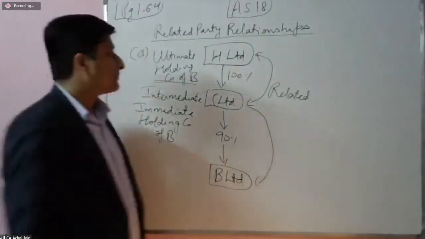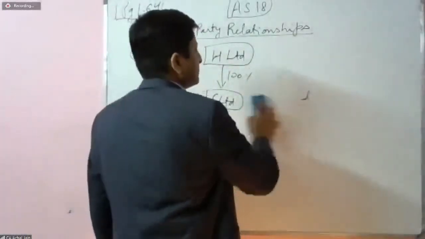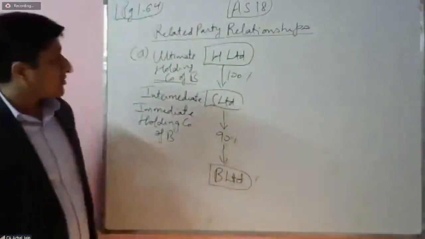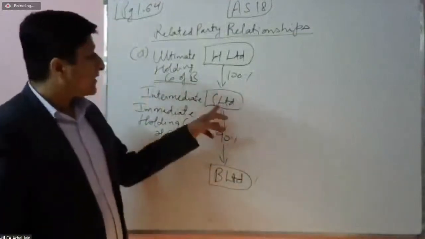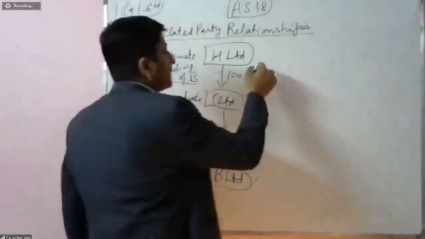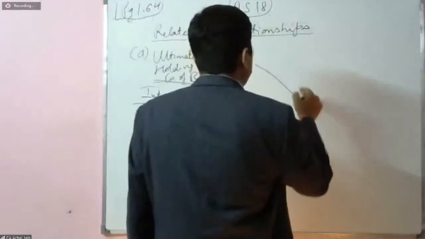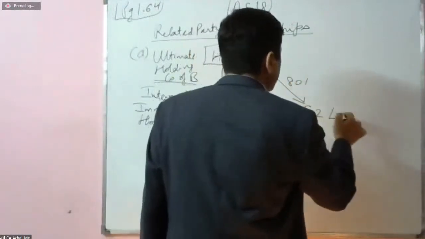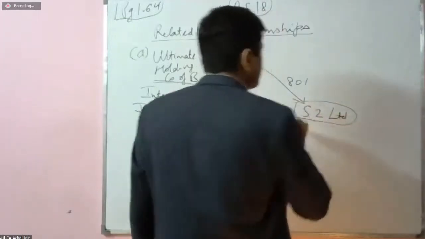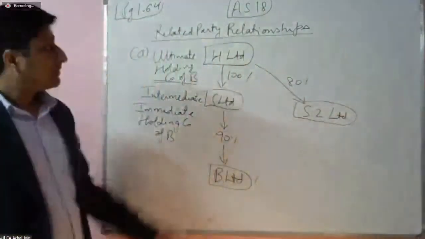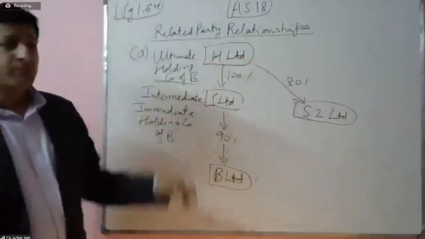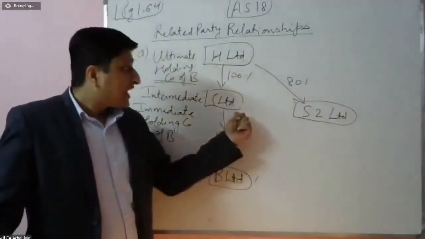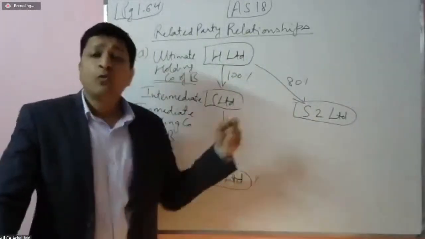Let's suppose we have another type of situation wherein H has 100% investment in S and H has another investment of say 80% in S2 Limited. In this case, again the relationship is the same between H and S2, but if you look at S and S2, who are they?